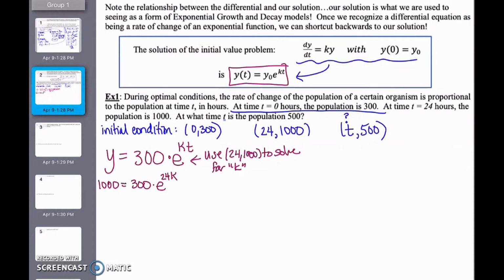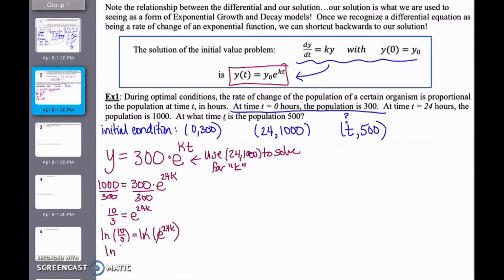If we're trying to solve for k, we're going to need a log, but the first thing we're going to do is divide both sides by 300. This is just some algebra, some Algebra 2 back in those days. 1,000 divided by 300 is 10/3, so we get 10/3 is equal to e to the 24k power. To get that k out of the exponent, we take the natural log of both sides. The natural log of 10/3 is equal to the natural log of e to the 24k, and we do that because ln and e cancel out.